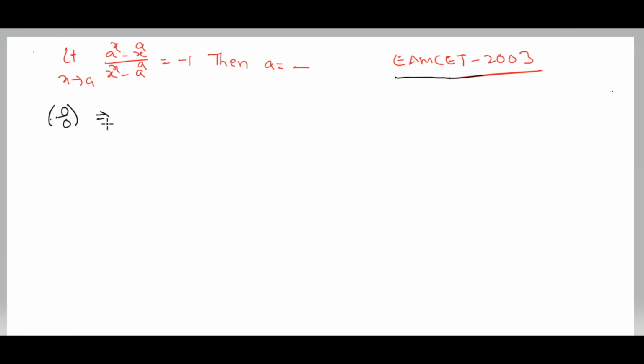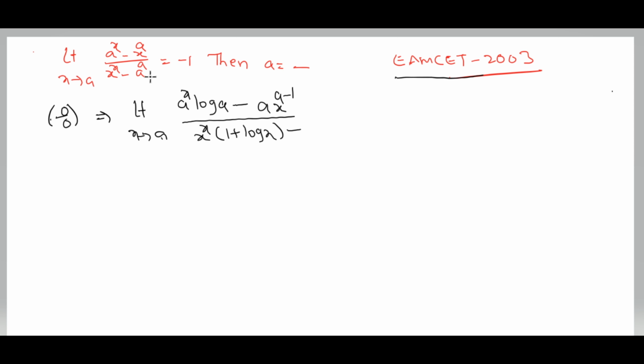So take L'Hospital rule, that is limit x tends to a, here a is constant, that is a power x, derivative of a power x is a power x log a, minus x power a, derivative a x to the power of a minus 1, by x to the power of x, derivative, that is x power x into 1 plus log x, minus a to the power of a, constant, that is a power a is constant, derivative is 0.